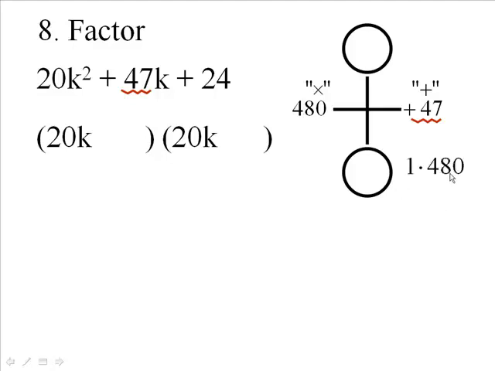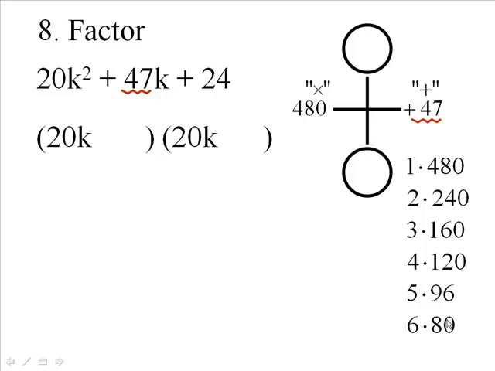So we have 1 times 480, 2 times 240, 3 times 160, 4 times 120 is 480, 5 times 96 is 480, 6 times 80 is 480, 8 times 60 is 480.